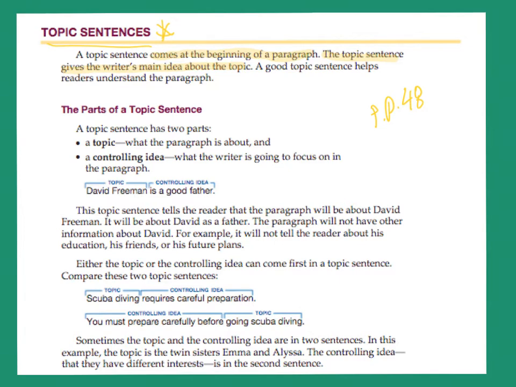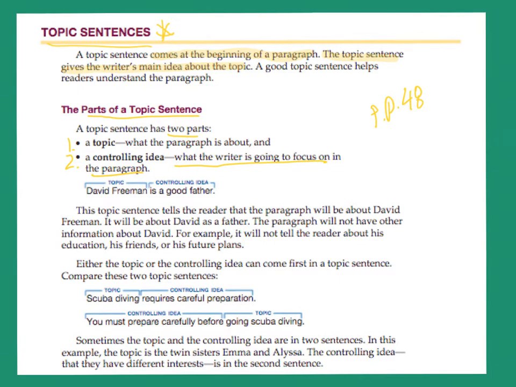There are two main parts of a topic sentence. There's the topic, and there's the controlling idea. A topic is what the paragraph is generally about. The controlling idea gives more information about the topic and tells us what the writer is going to focus on.